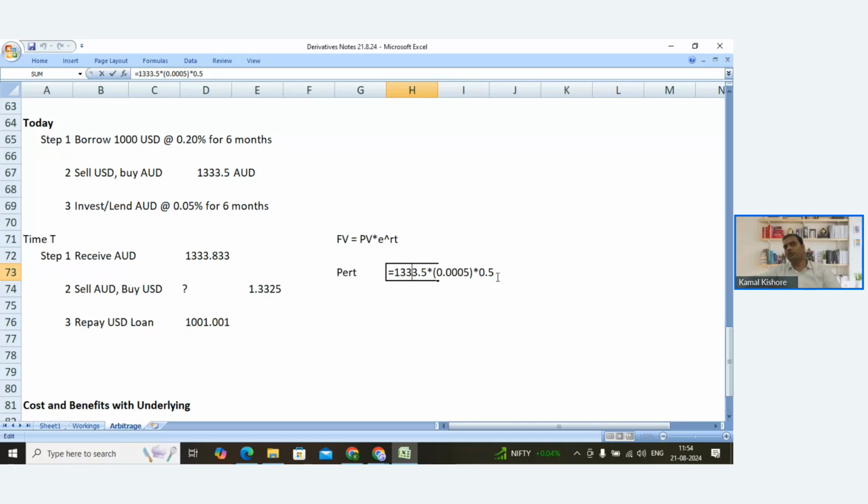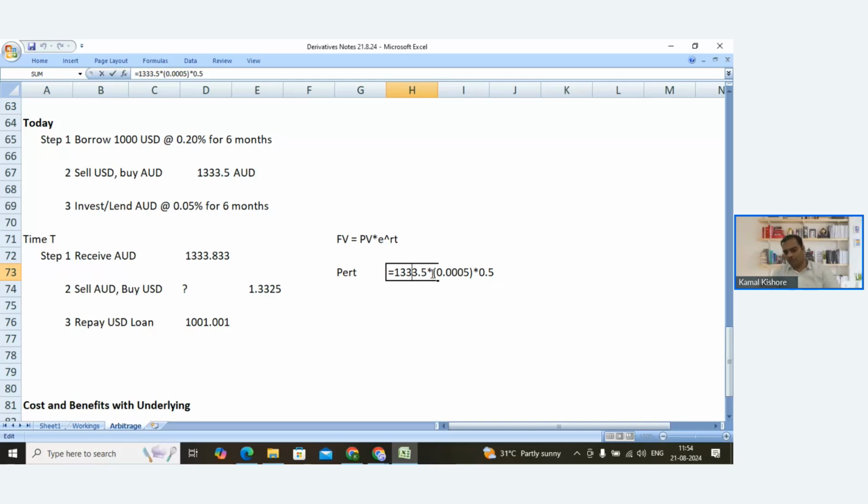Exponential should be on the second key, so you use the second key, e to the power. Do that, then multiply this number by RT. Second, ln, logarithm, then 0.0005 into 0.5. Did you get it?